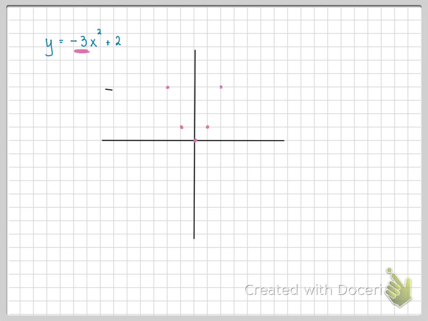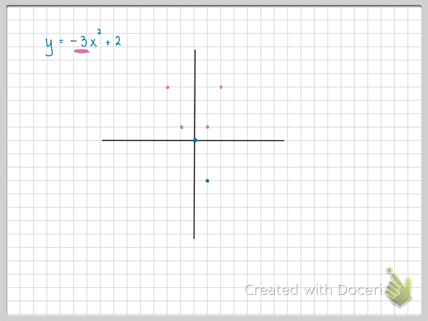Now, in order to graph this properly, multiplication comes before addition. So we are going to incorporate the vertical stretch first, meaning we are going to multiply all of our y values on that parent graph by -3. Okay, so this is going to be a two-step deal here. So the y value of 0 times -3 is still 0. The y value of 1 times -3 is -3.